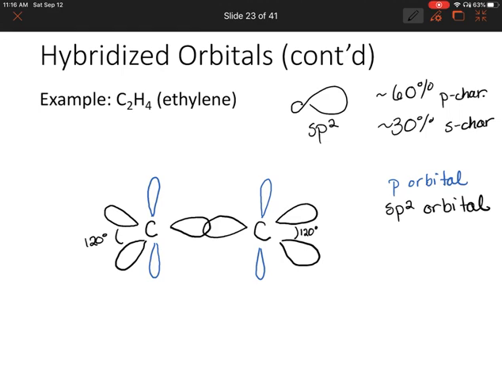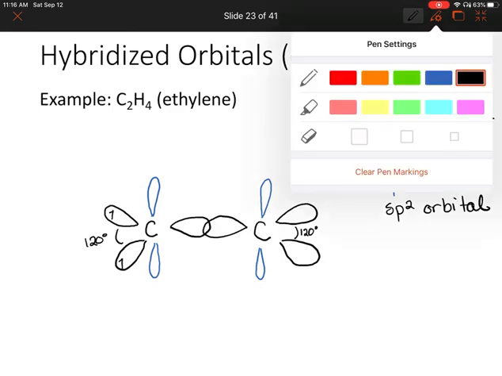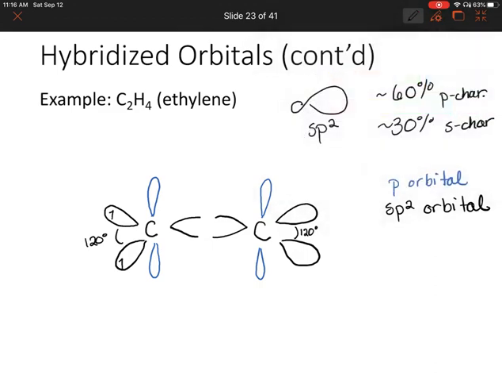Okay, so remember, we have a single electron in each of our sp2 orbitals. Oh, let me draw this a little better here in the middle. I want to make sure we have enough room to show the pair of electrons. There we go. So those 2 carbon atoms have 2 electrons that are pairing up to create a bond. And remember, we also have an electron hanging out in the p orbital on each carbon.